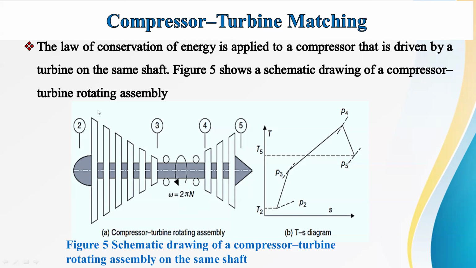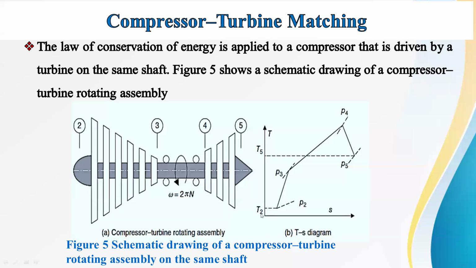Actually, we have a high pressure compressor, low pressure compressor, low pressure turbine, and high pressure turbine, which are connected with different shafts. Their temperature and pressure conditions are depicted here in the TS diagram.